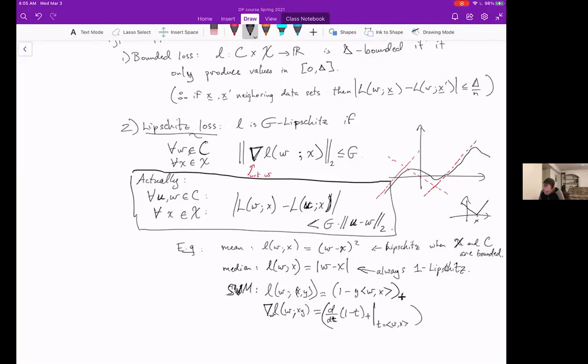By the chain rule, it'll be that thing times the gradient with respect to w of the inner product of w and x, and that is just the vector x. So this thing is always either -1 times y x or 0. And this is again small only if the universe X is bounded.